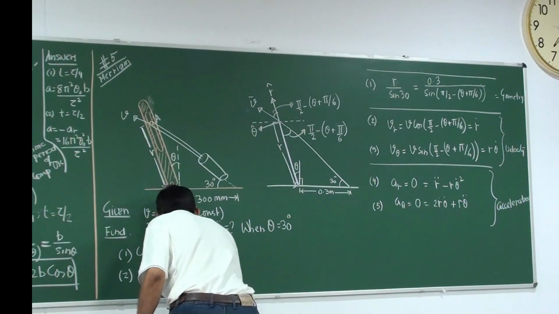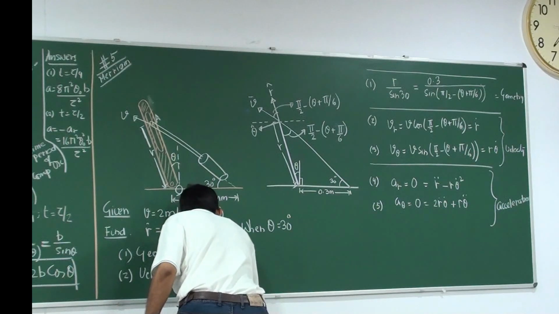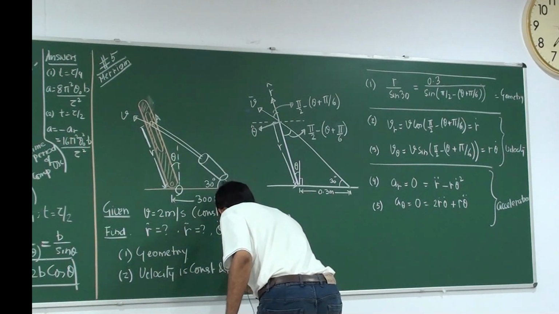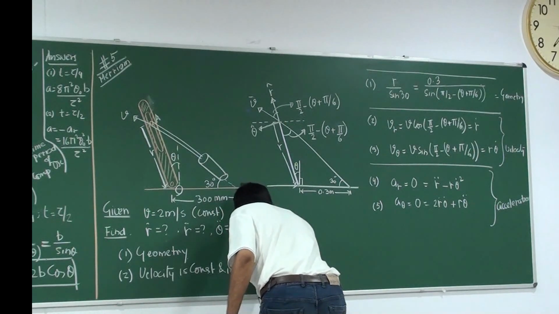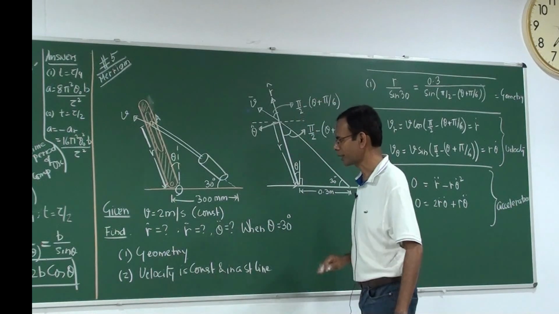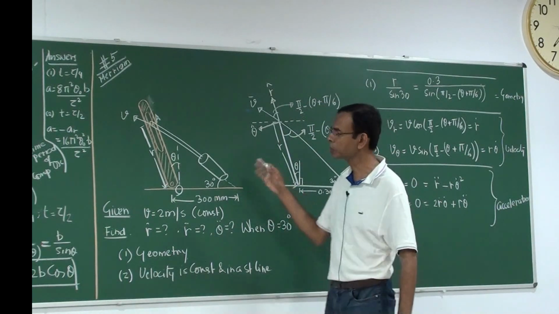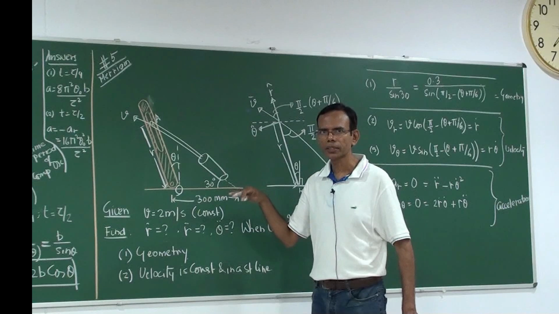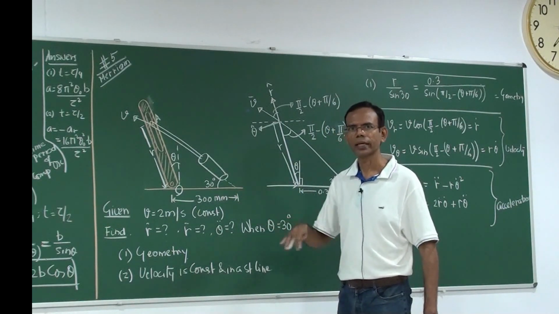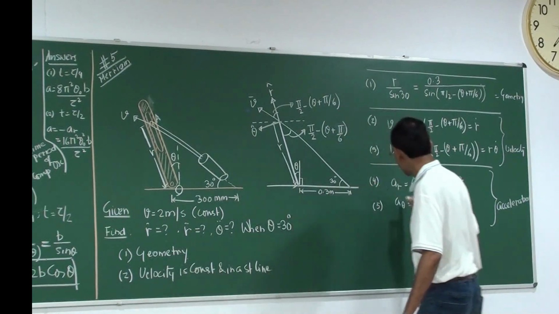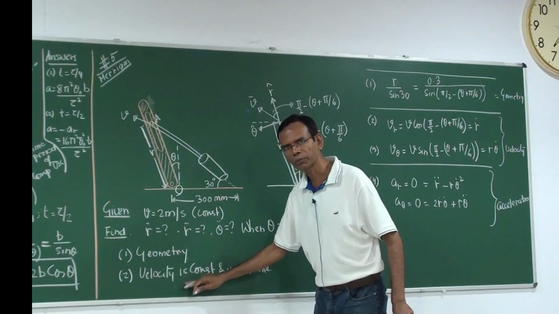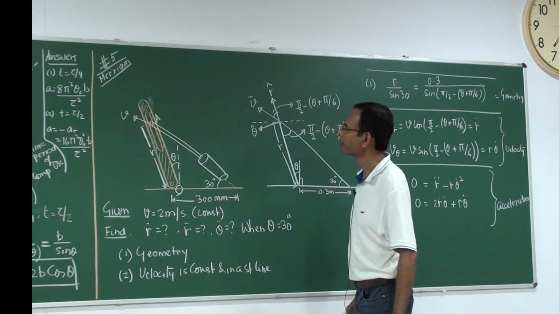Velocity is constant and in a straight line. From there we take the components and we get equations. From there we calculate velocity, again take components, then again we get equations. So this is a very important concept.